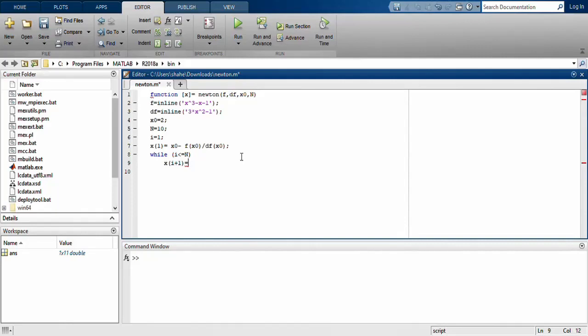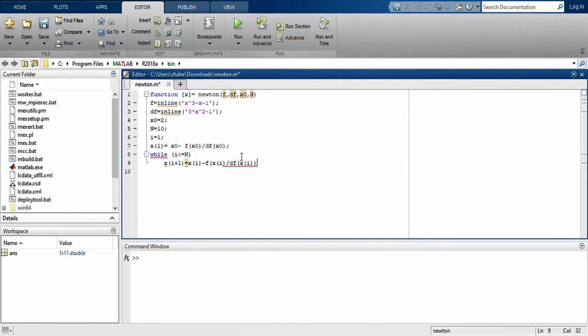I is the index, and very important, I starts from 1 here, and it utilizes the 7th line.